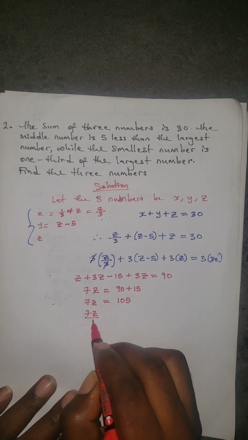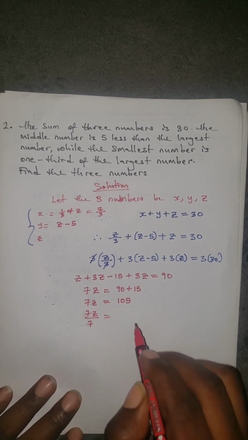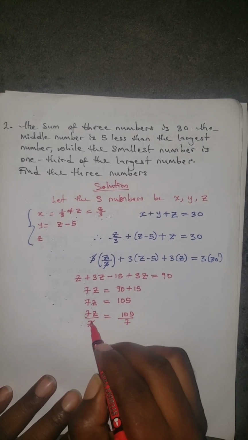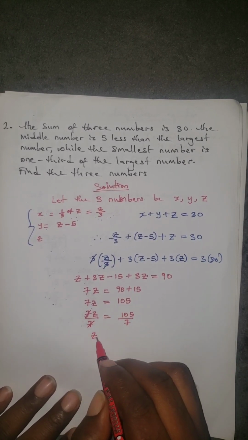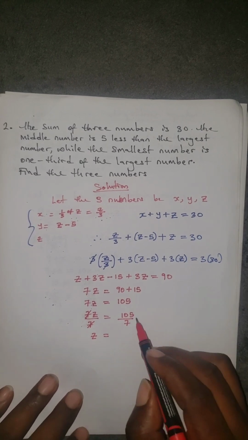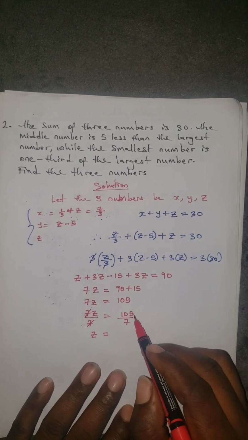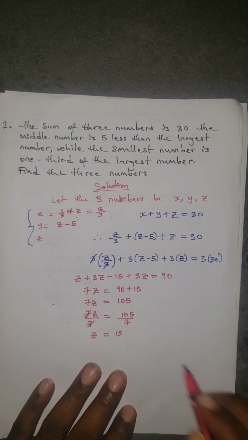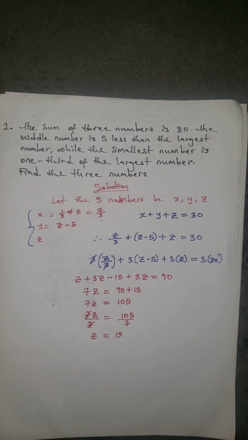So 7z over 7, that will give us 105 over 7. 7 will divide 7 here. I will have z equal to 105 over 7, which will give me 15. So we have gotten our z.